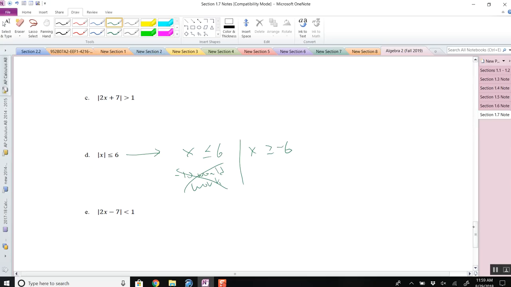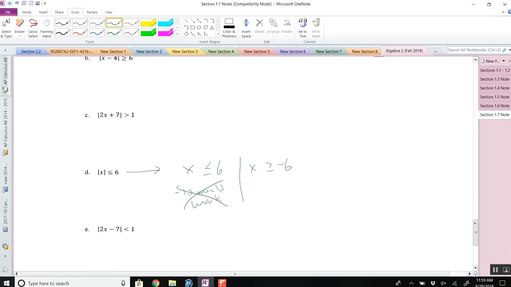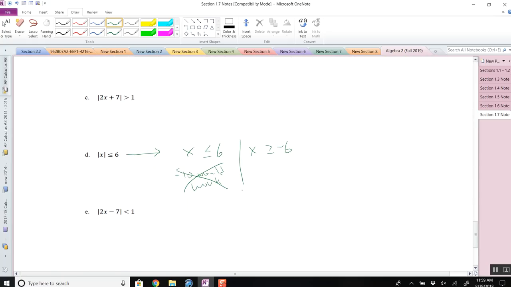When you get the less than, it's going to be the AND situation. Less than, and, not sure if that kind of rhymes. But there's going to be an overlap here. So it's going to be an AND situation, which you can actually show like this. So again, here's 0, here's 6, here's -6.